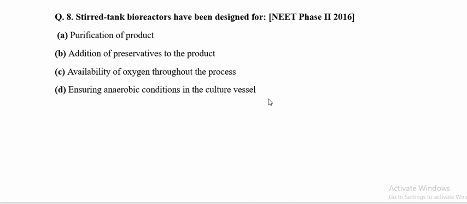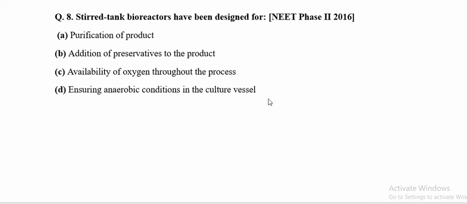Question number 8. Stirred tank bioreactors have been designed for: option A, purification of product; option B, addition of preservatives to the product; option C, availability of oxygen throughout the process; option D, ensuring anaerobic condition in the culture vessel. A stirred tank bioreactor has a facility for the reactants to mix with oxygen.